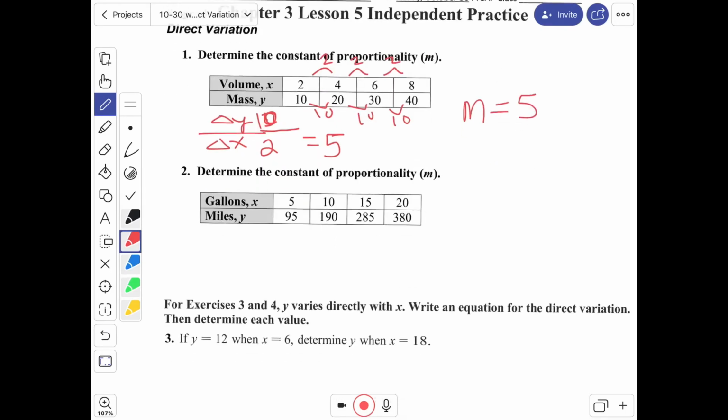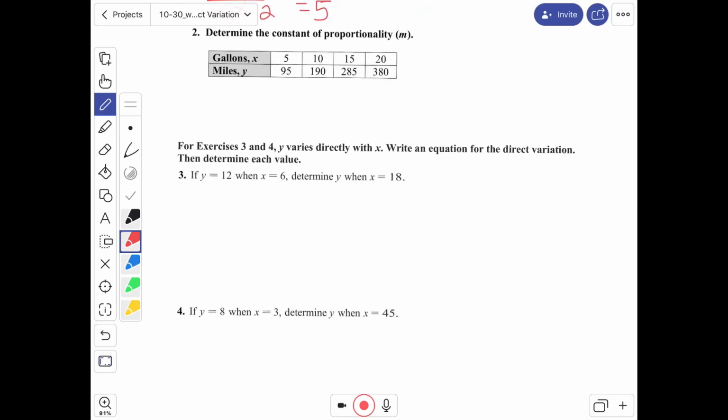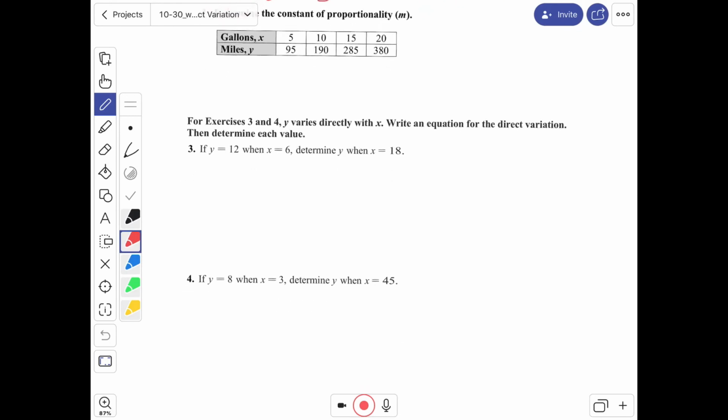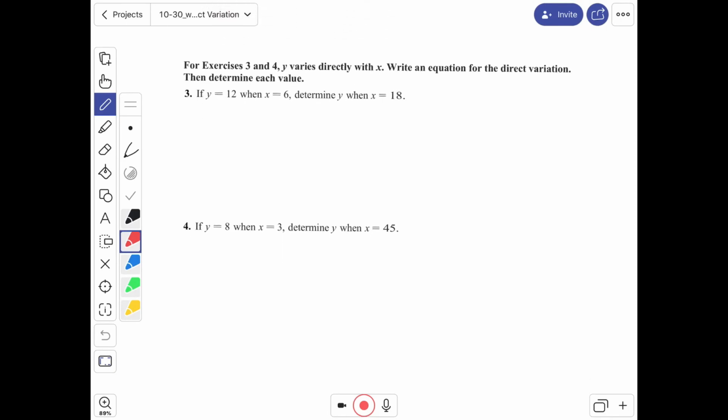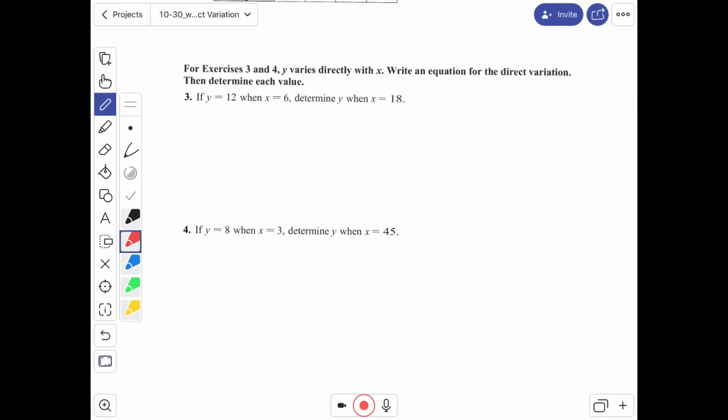And do the same thing on number 2. On 3 and 4, they've given you some information, and you're going to figure out what the m is. So we start by plugging in what they give us into the formula. If y is 8, and we don't know m, and x is 3.